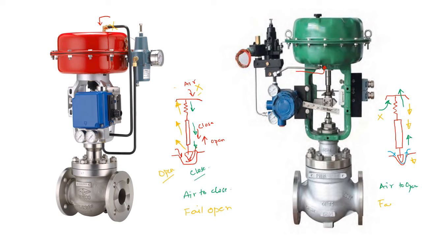So this will cause the valve to close. So this is called fail close. Now, this phenomenon should be depicted in the P&ID, or from the P&ID, people should understand whether the valve is fail close or fail open.